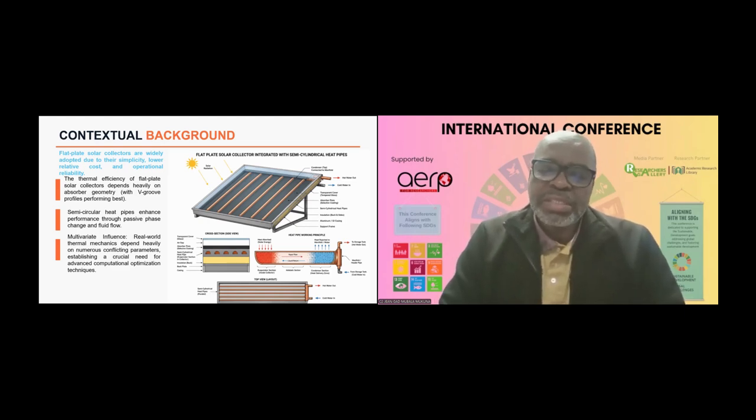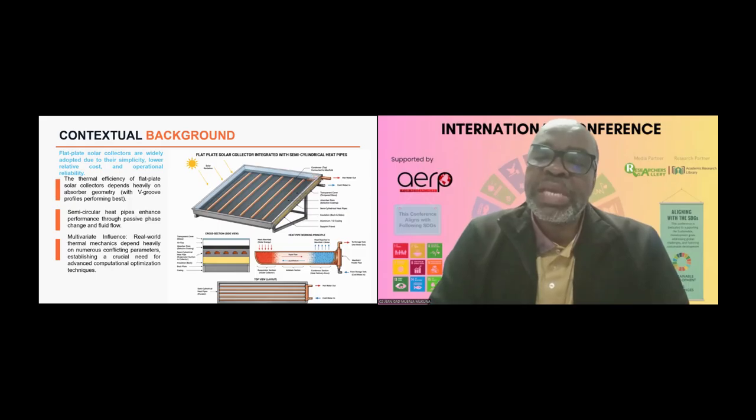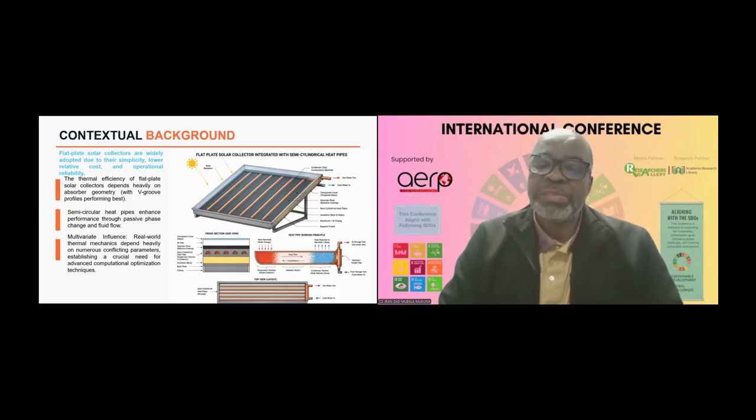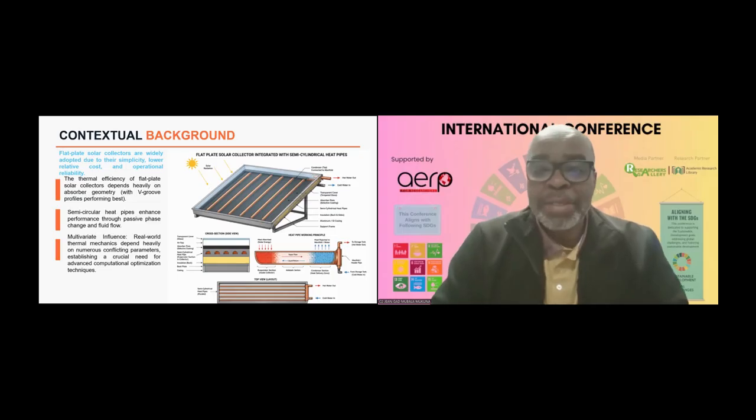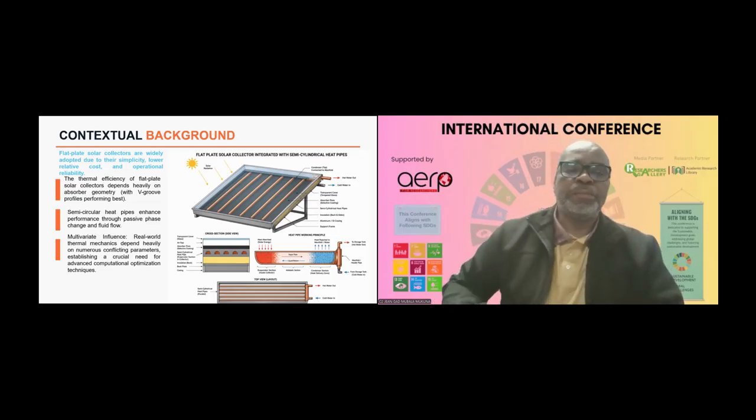But in this case, on that absorber, we are using the heat pipe. Instead of using normal tubes, we use heat pipe because of the performance of heat pipe. And the heat pipes that I used here are semicircular or semi-cylindrical because of the contact. They create a good contact between the pipe and the absorber to increase the amount of heat that is collected.